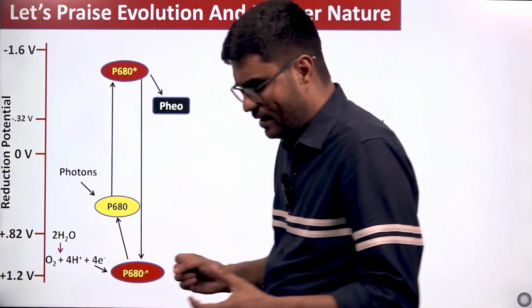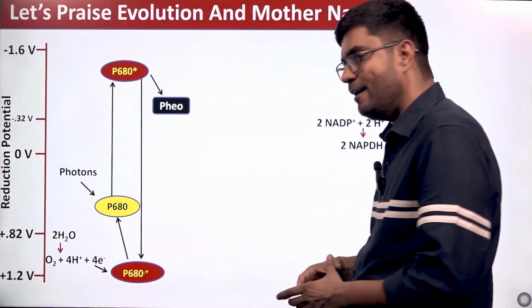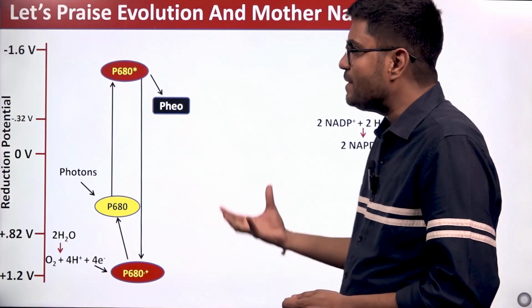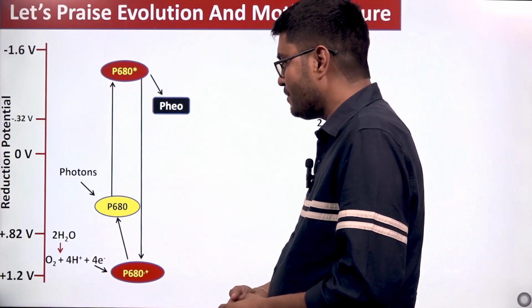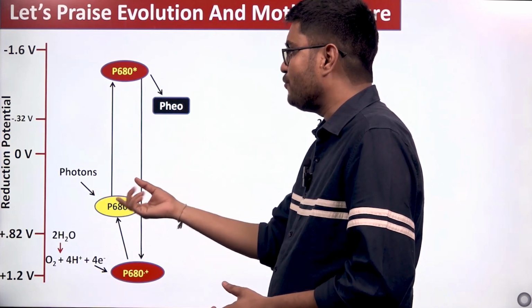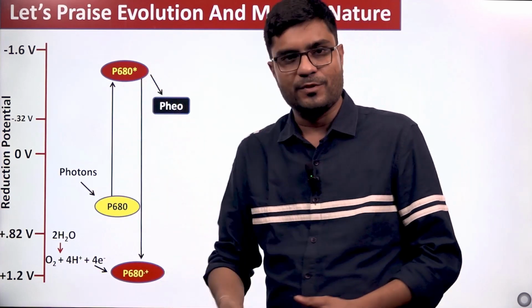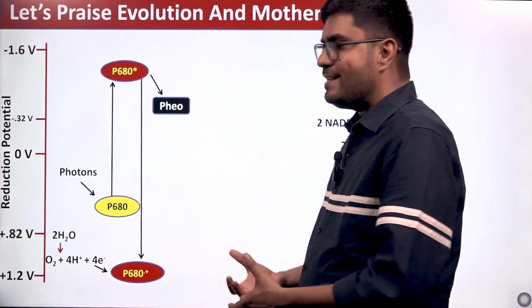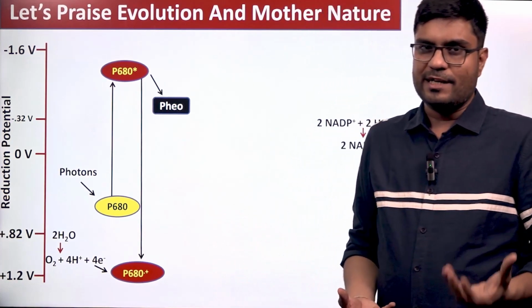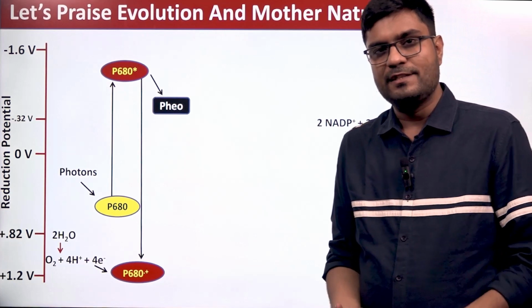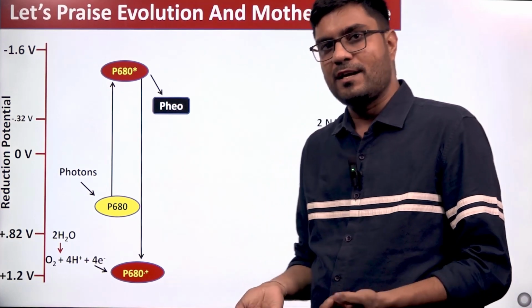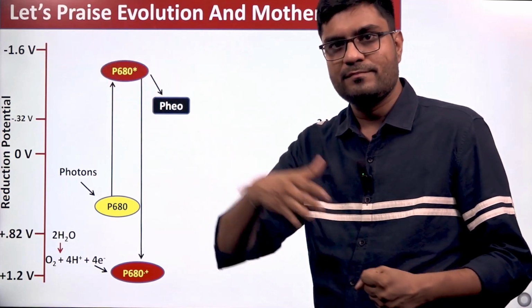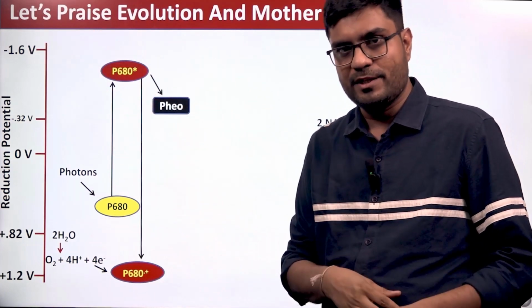Now, before going ahead, I will give an explanation of one minute thing. Some people can ask why absorbing the photon reduces the reduction potential of a molecule. To understand that, we can go back to our older classes, where we have seen that whenever electrons absorb a photon, they move between shells.